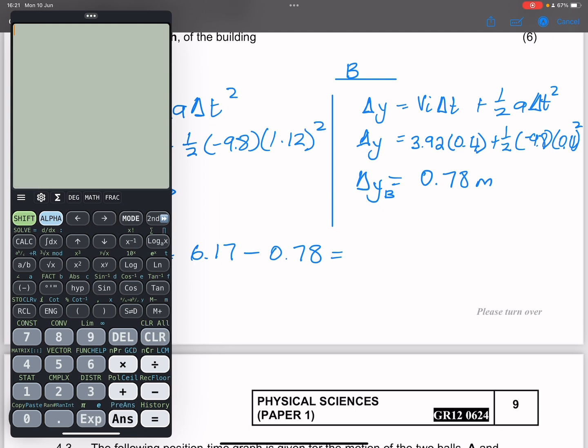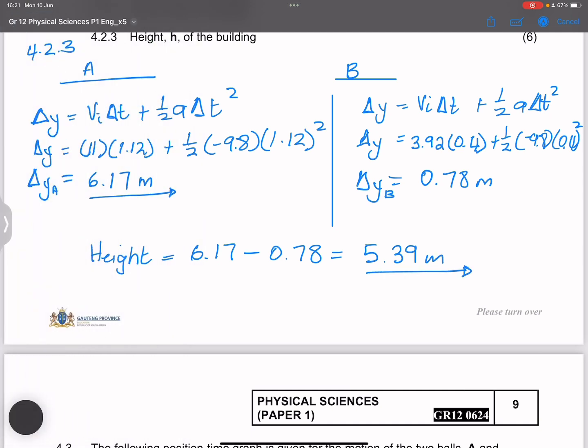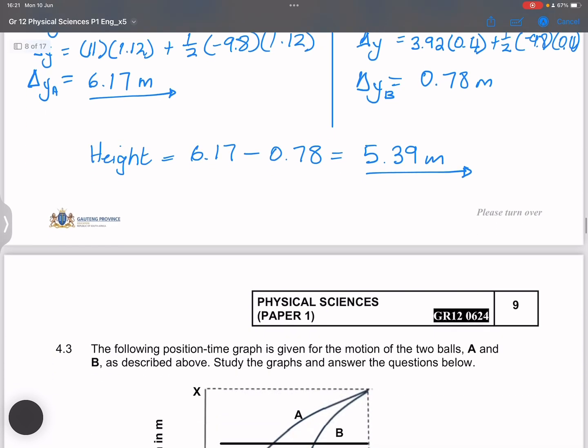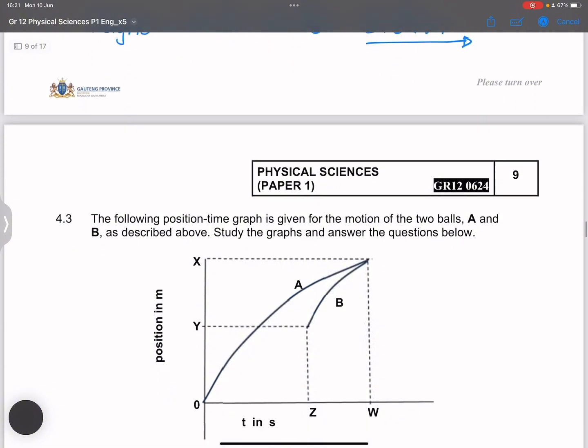So that's 6.17 minus 0.78, and I get a height of 5.39 meters. Okay, so please just check if you get the same value. All right, and that is how I would calculate that. Okay, so let's go to the next question.